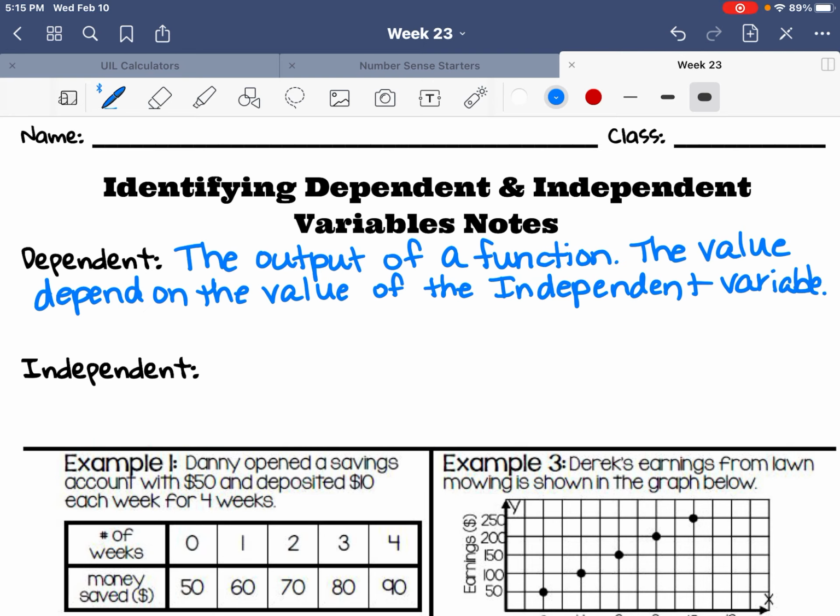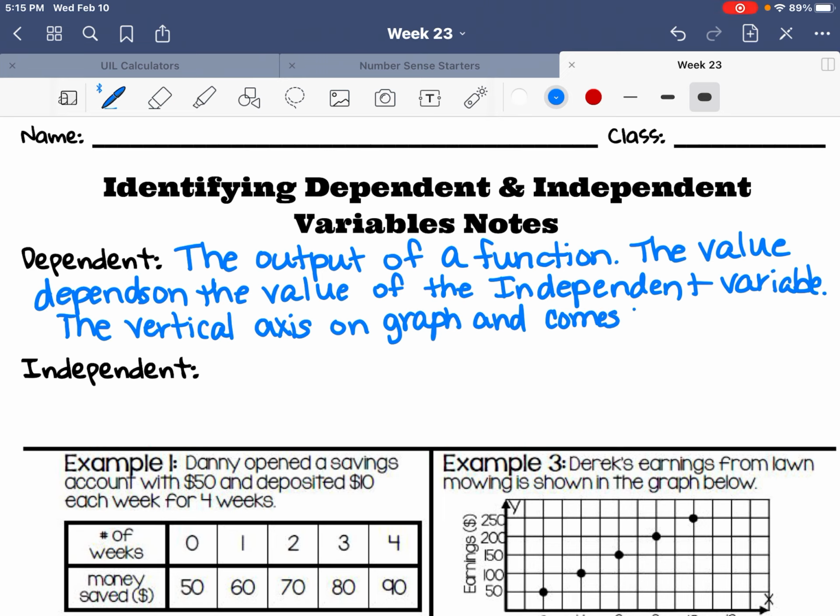So the output of a function, the value depends on the value of the independent variable. It is the vertical axis on a graph and comes first in a table. Okay, that's how you know it's the dependent variable.